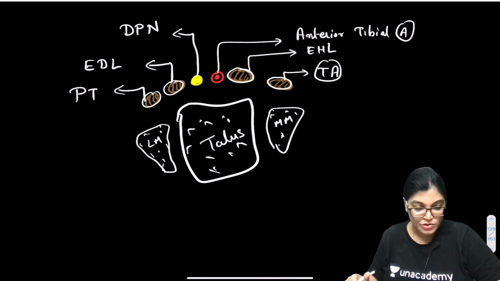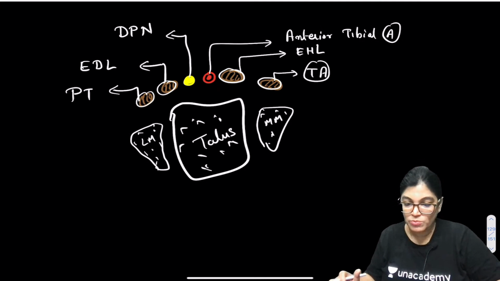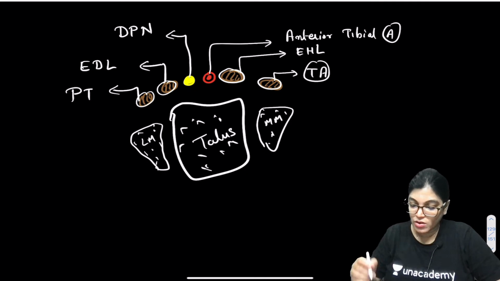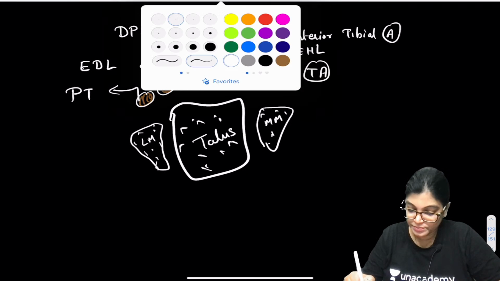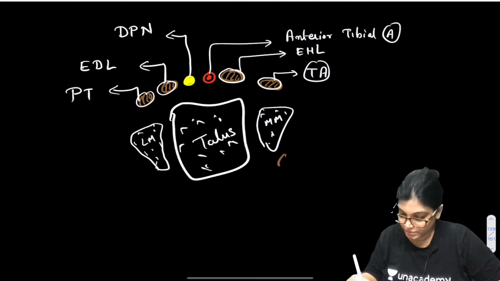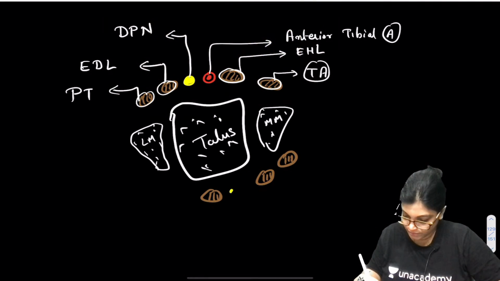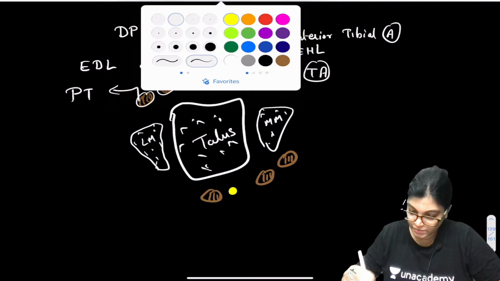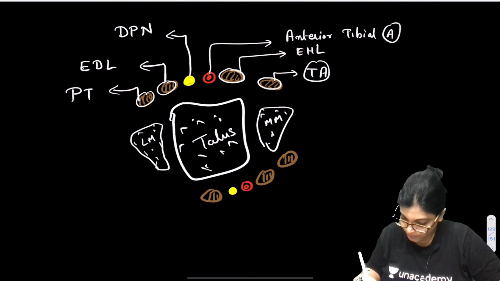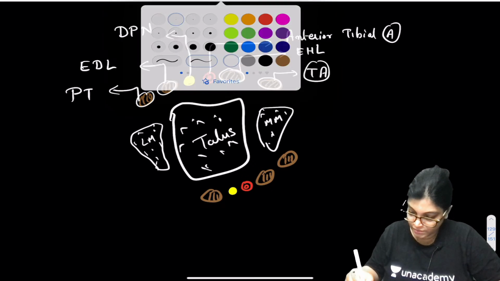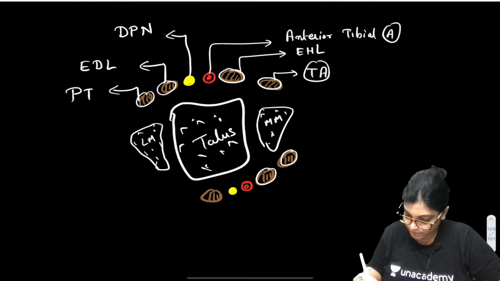Now, coming to the structures related to the ankle joint as we move from medial to lateral on the posterior aspect. So, write down. Okay.